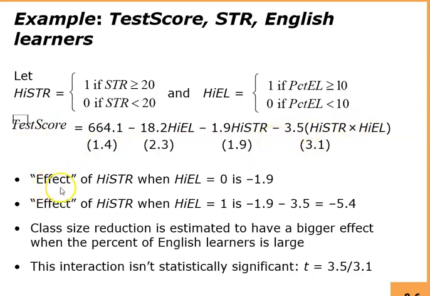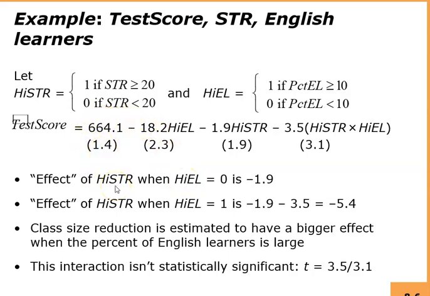When we are trying to find the effect of high STR when high EL is 0 and when high EL is 1, we have to compare 2 different equations with each other. So let's take the example of finding the effect of high STR when high EL is 0. In this scenario, you will compare 2 equations with each other.